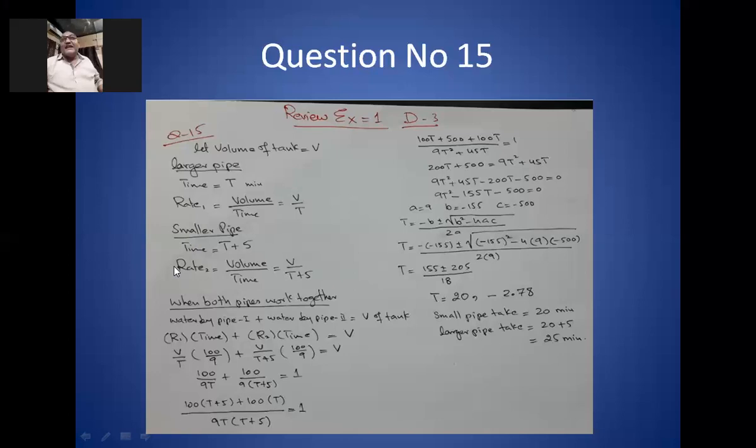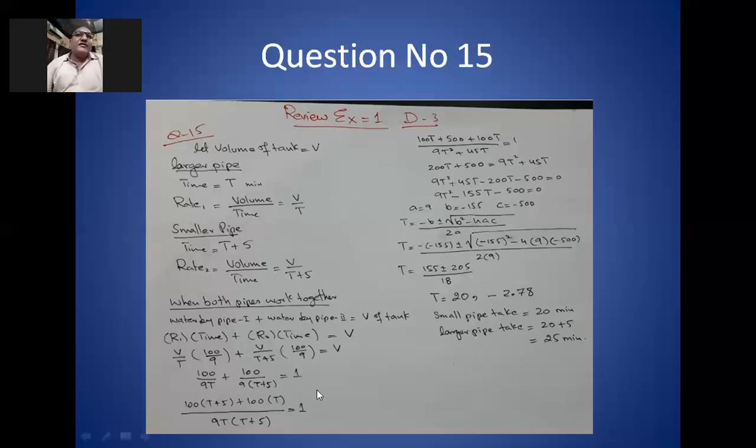Now they said that both the pipes are working together. So both pipes are on and they are filling the tank. So that tank whose volume is V is filled in 11 whole 1 by 9 minutes. So when both the pipes are filling that tank together, they take 11 whole 1 by 9 minutes.